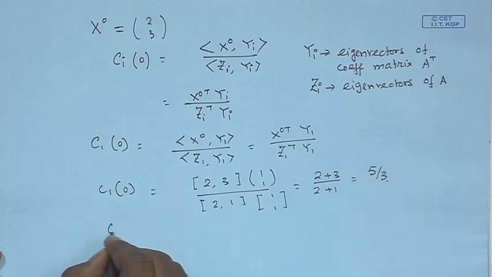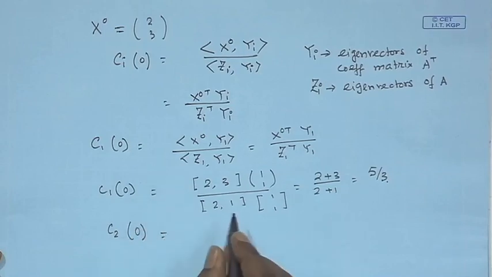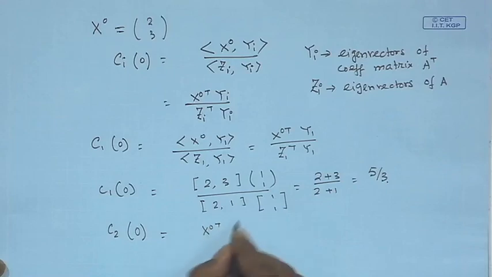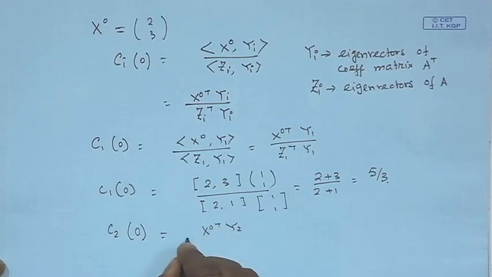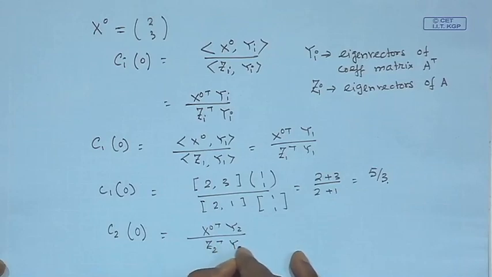Similarly, we have already seen that C 2 naught will be the inner product of x 0 transpose y 2 divided by z 2 transpose y 2.